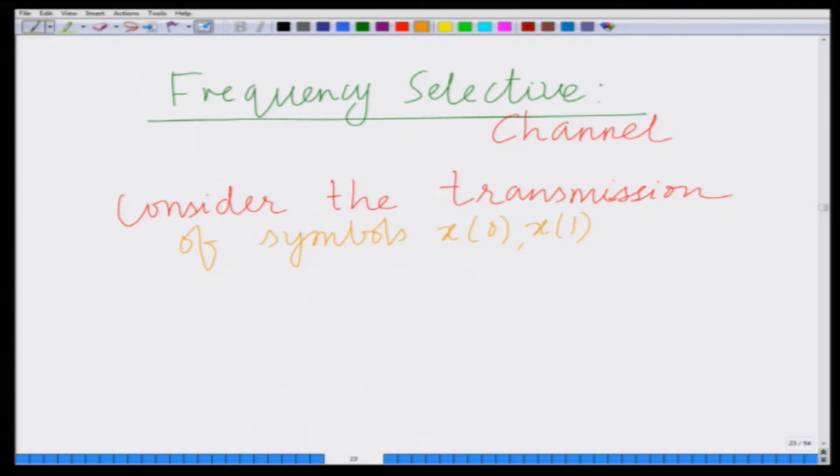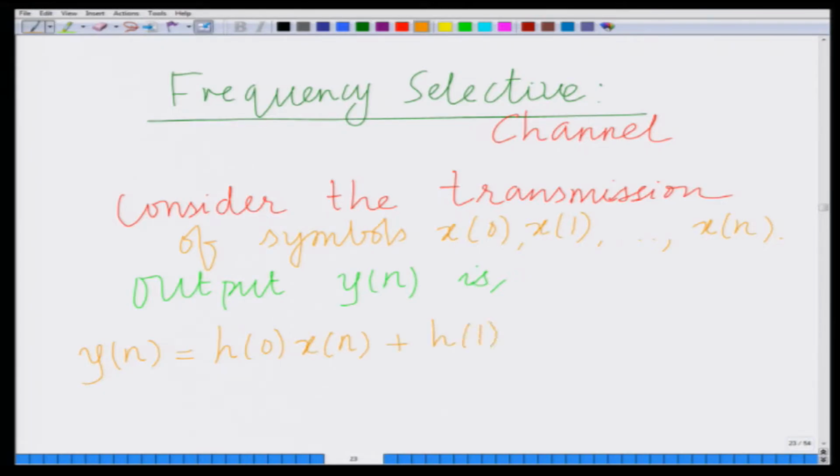x0, x1 up to xn, then the output yn is given as yn is equal to h0 times xn plus h1 times xn minus 1 plus h2 times xn minus 2 plus so on hl minus 1 times xn minus l plus 1 plus wn.